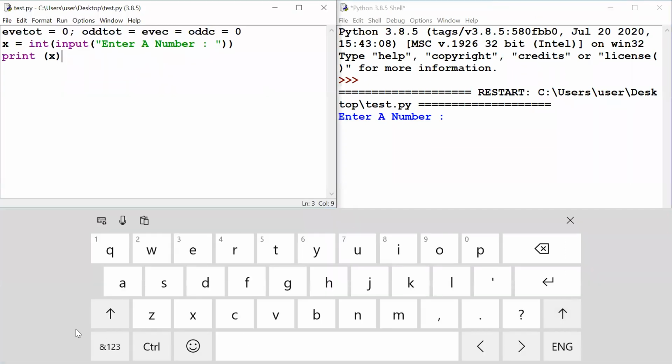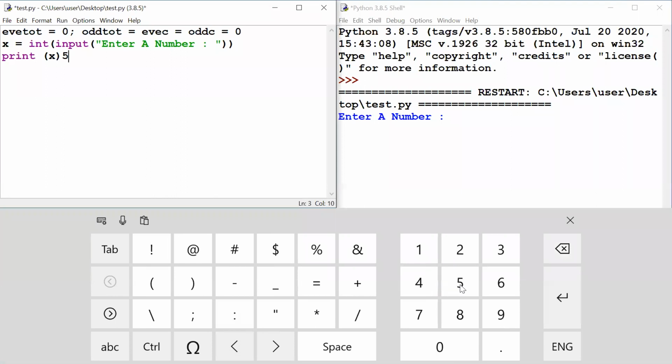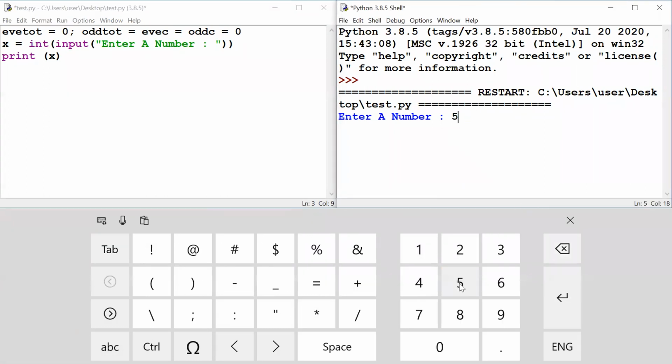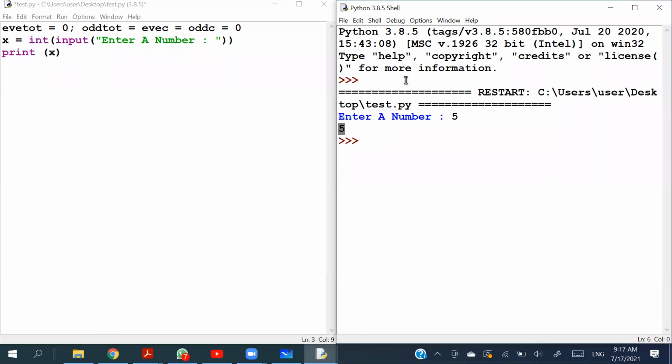I'm going to give a value as 5, and press enter. So it will print me the 5. So as you can see, no errors occurred.